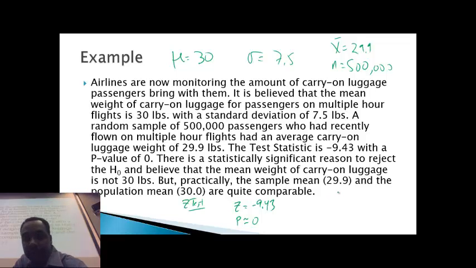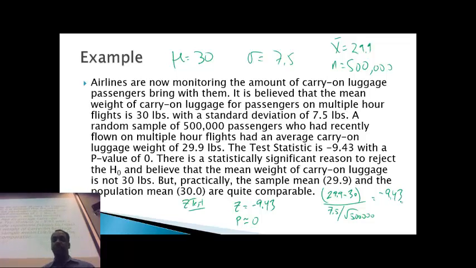And if you did it by hand, it would be 29.9 minus 30 over 7.5 divided by radical 500,000, which is negative 9.43.